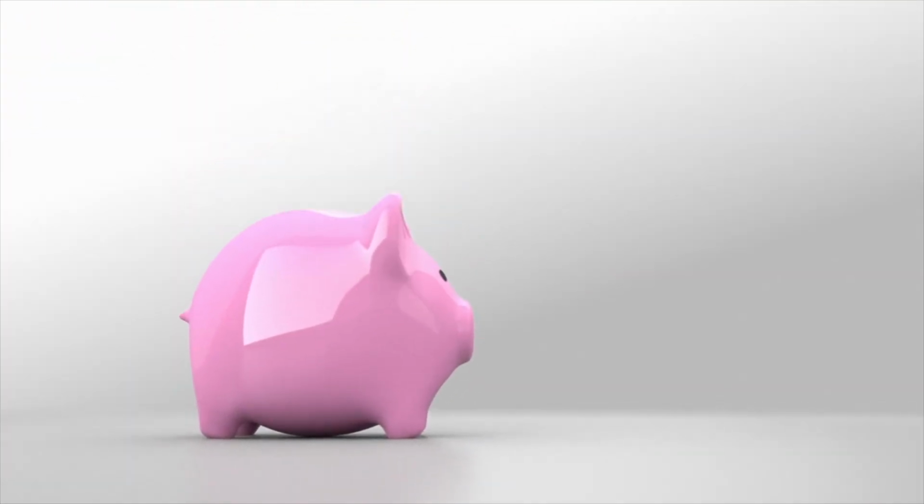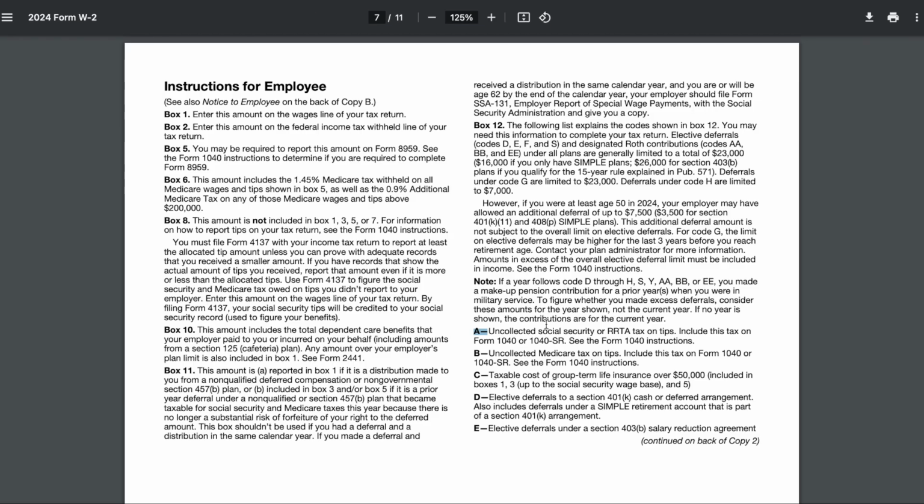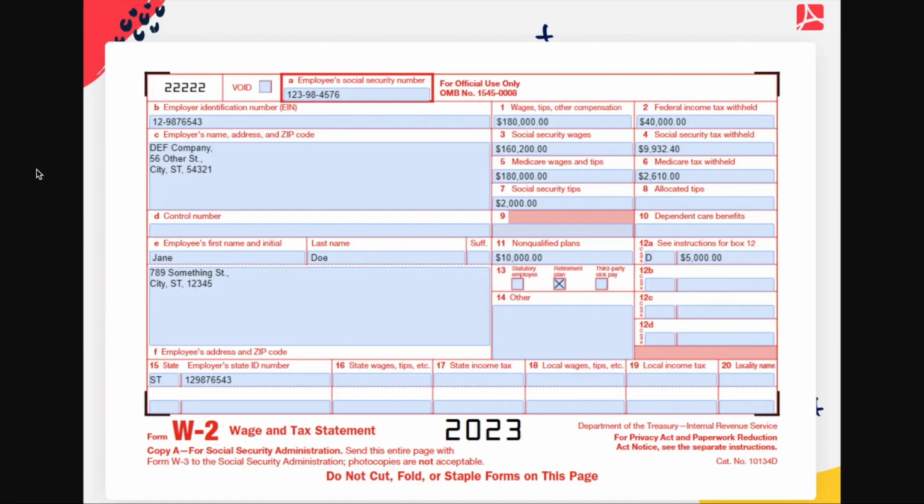In this example, we have D of $5,000. Now, if you go ahead and take a look, D is the elective deferrals to Section 401k cash or deferred arrangement. 401k is the retirement plan offered by your employer for the most cases.